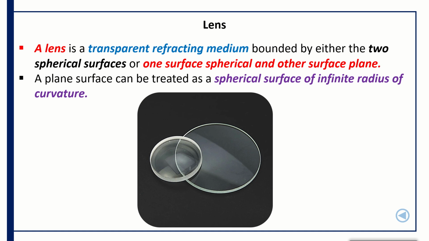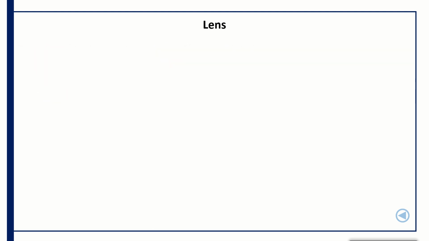A plane surface can be treated as a spherical surface of infinite radius of curvature. So a plane surface is also a part of a very large spherical surface whose radius is at infinity, right? So the lenses are spherical surfaces.